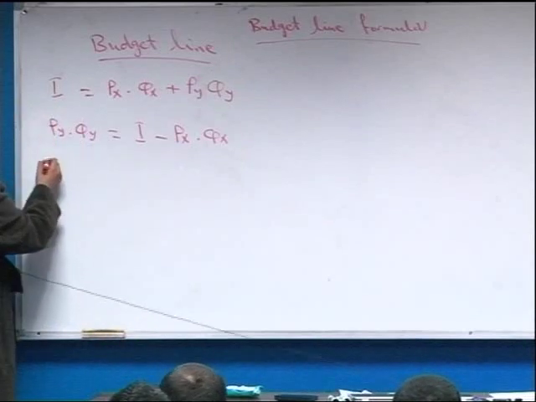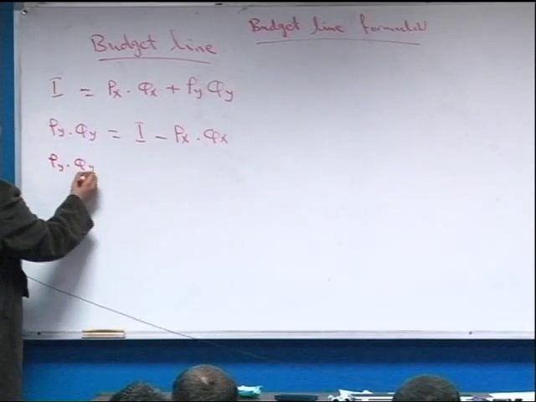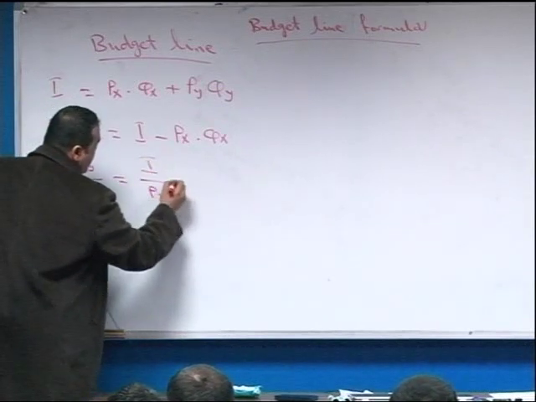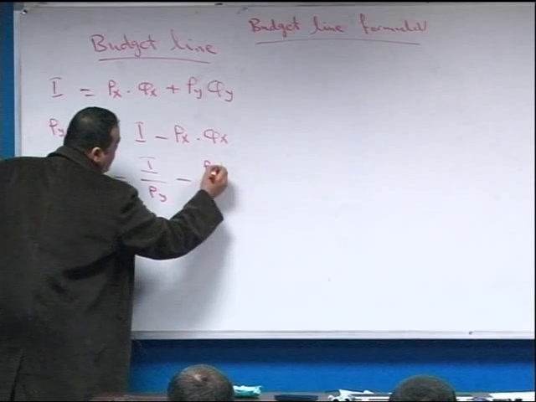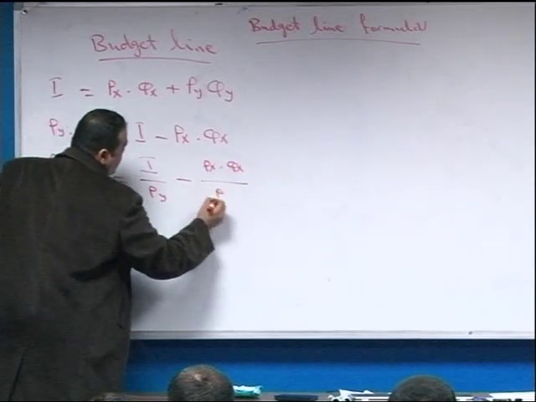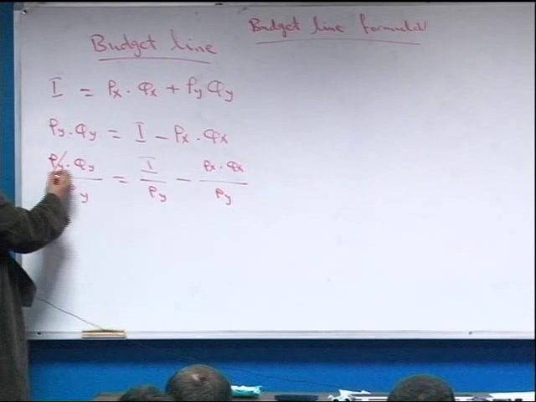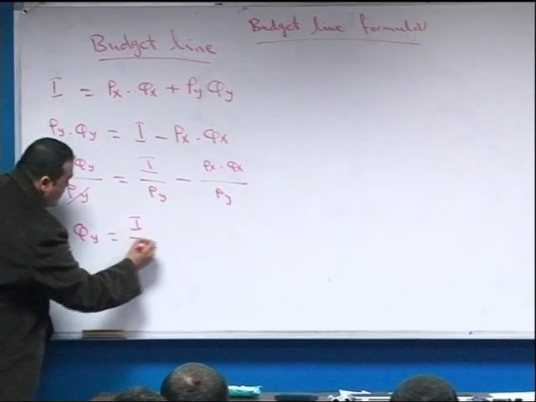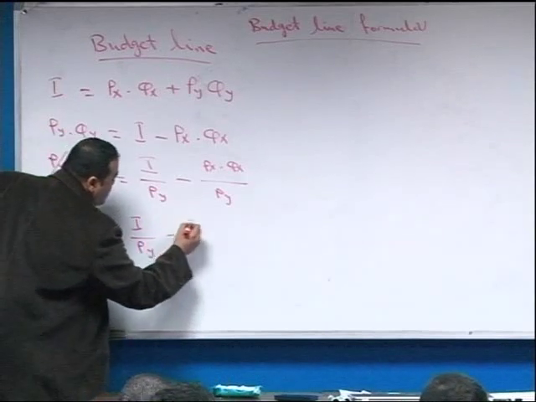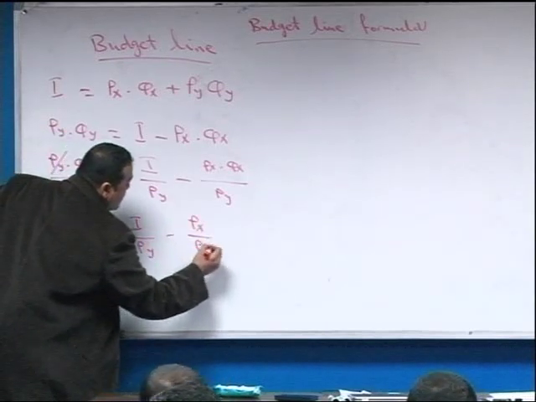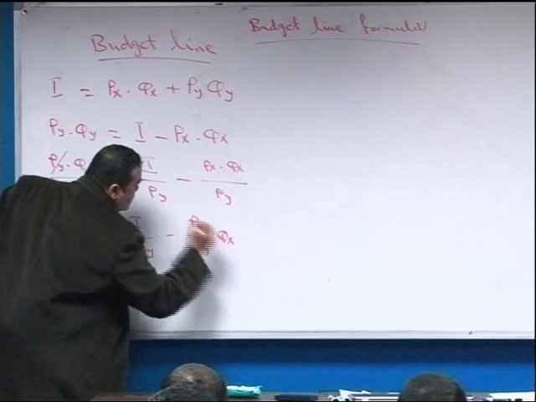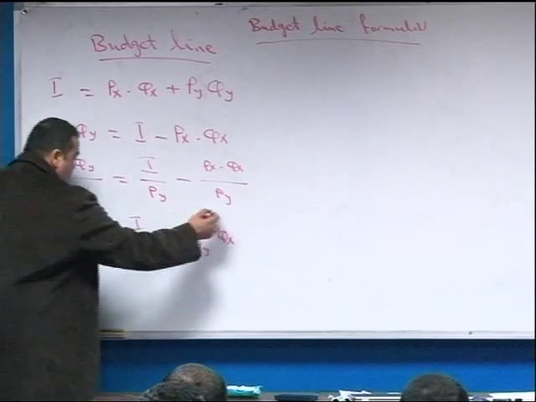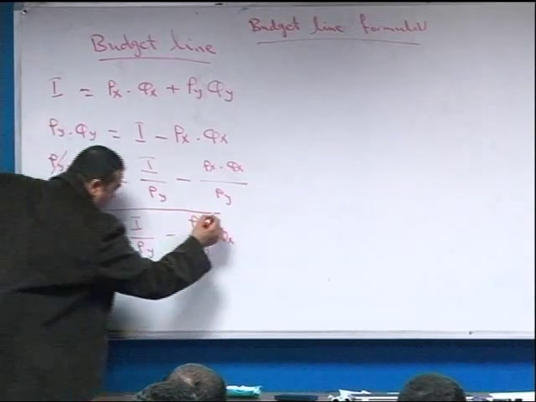So Py Qy over Py equals I over Py minus Px Qx over Py. Qy equals I over Py minus Px over Py times Qx. This is the general formula for the budget line, or the general equation for the budget line.